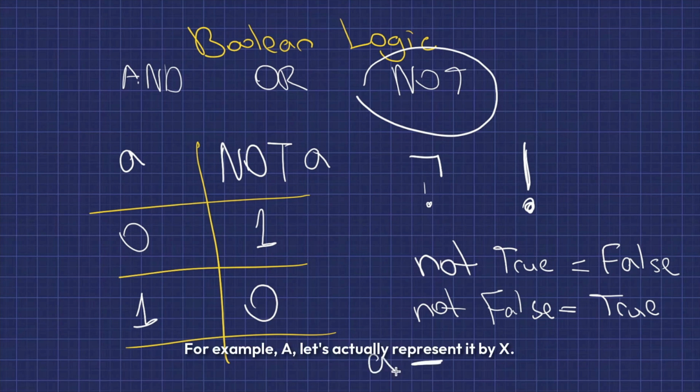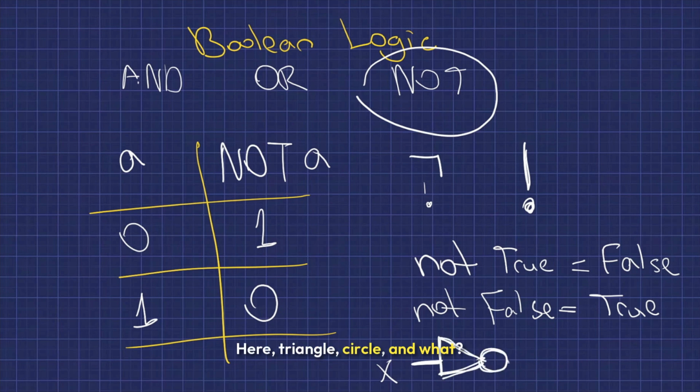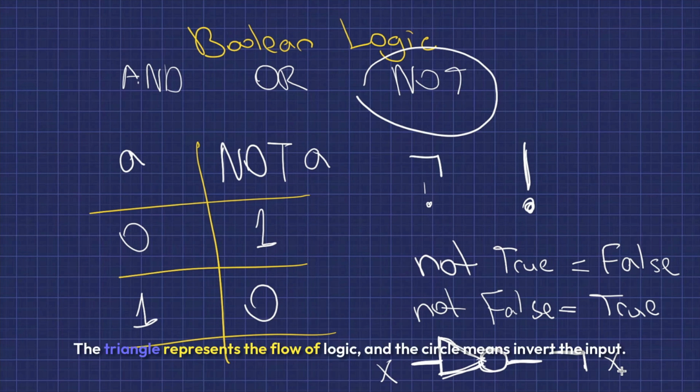For example, let's represent it by X: triangle, circle, and what? NOT X. Now, that is how you draw it in logic circuits. The triangle represents the flow of logic, and the circle means invert the input.